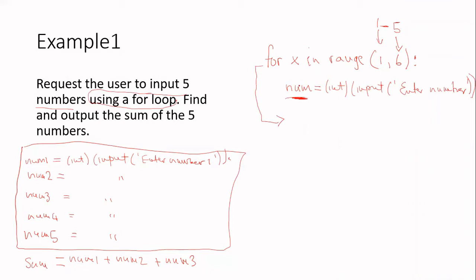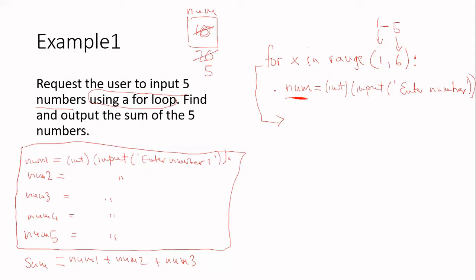But the problem is that when I get a variable, just remember that a variable can only hold a single number. So when I get the first number, let's assume that it is 10, and then I go and get the second number, 20, remember that the 10 is lost. When I get the third number, maybe 5, the previous number is lost.